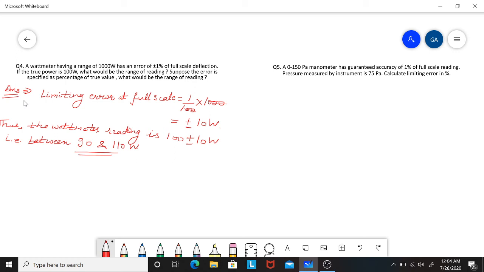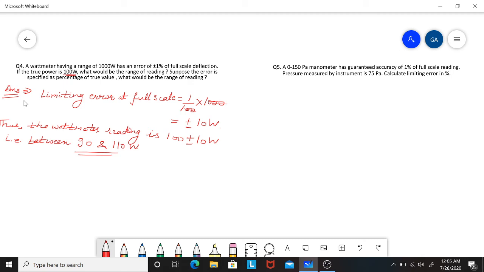Now, the question is saying if the true value is 100 watt, we have to calculate the range of the reading on 100 watt, right? So we have taken that the wattmeter reading will be 100 ± 10 watt.